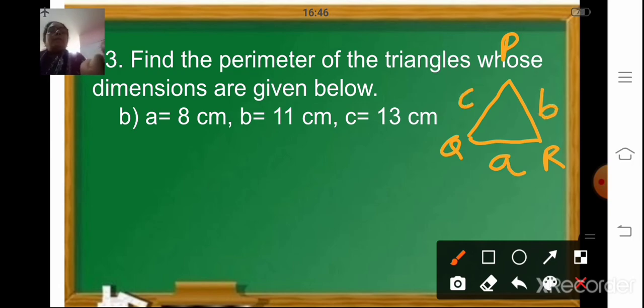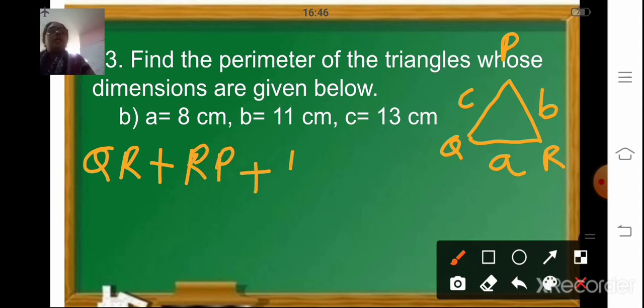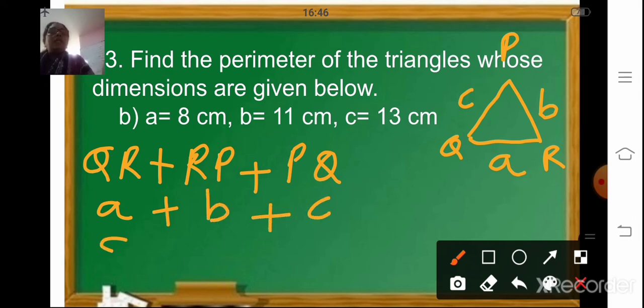So to find the perimeter, that will be QR plus RP plus PQ. So QR is my side A and RP is my side B and PQ is my side C. So A measures 8 centimeter plus 11 plus 13.